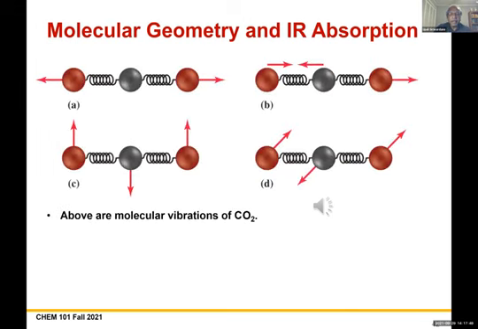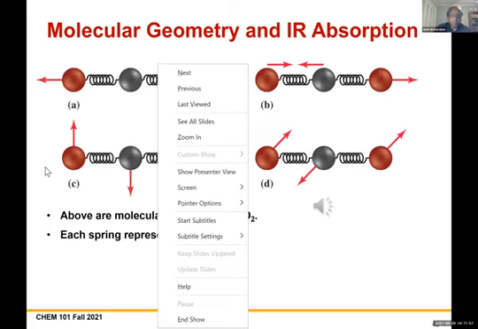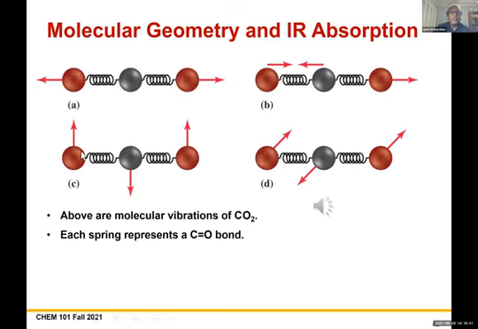In carbon dioxide, where IR is absorbed, these are the molecular vibrations that are taking place. There are 4 vibrations. This vibration A doesn't change the polarity. Therefore, A is not absorbing IR. But these are unsymmetrical vibrations.